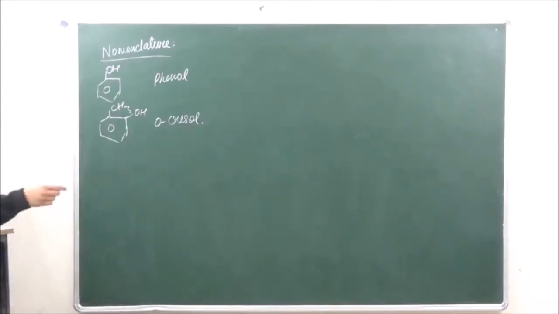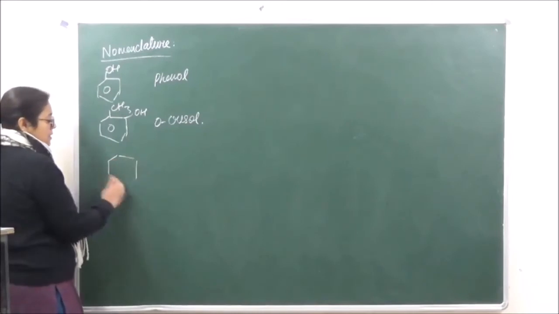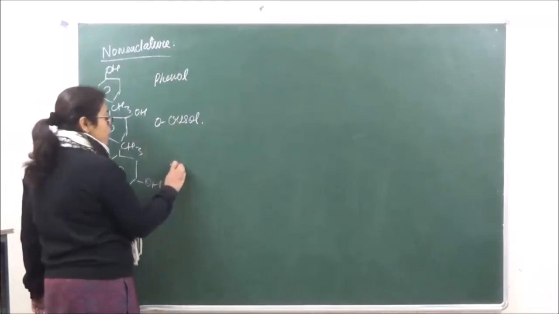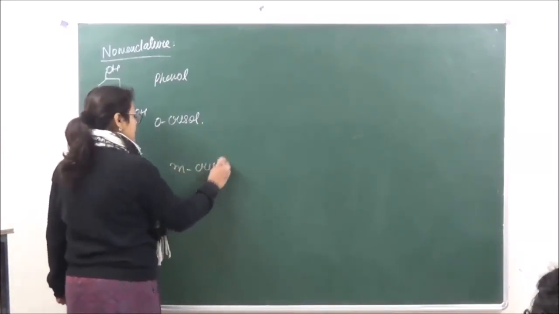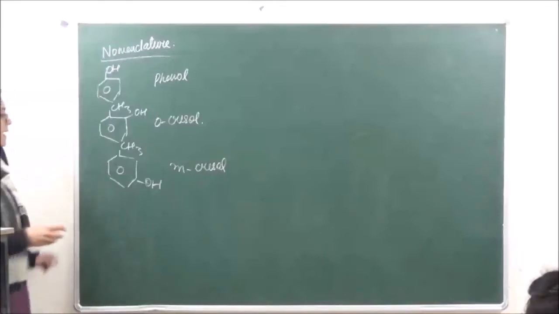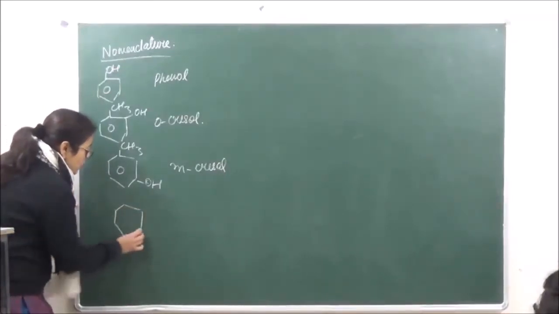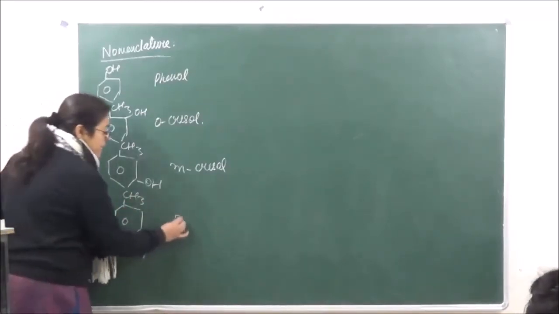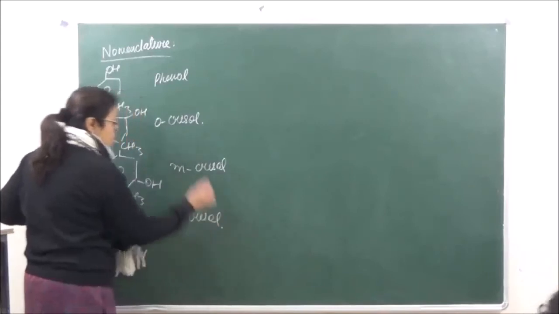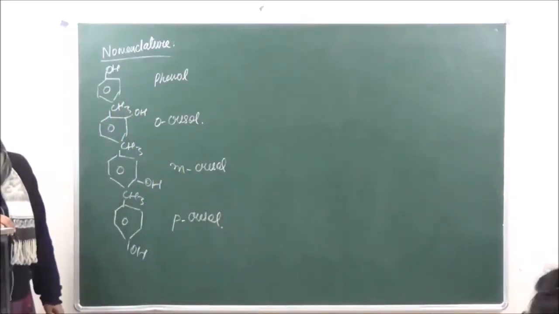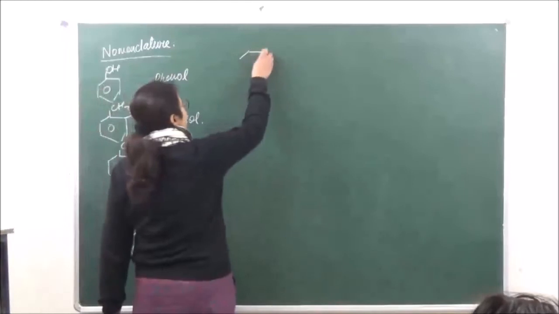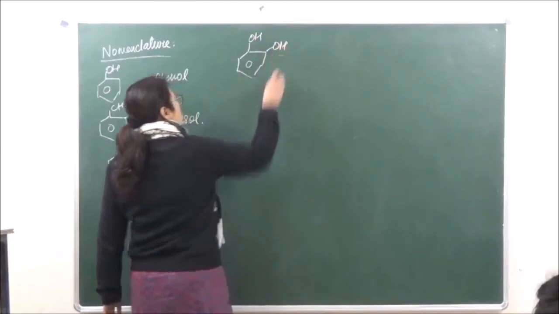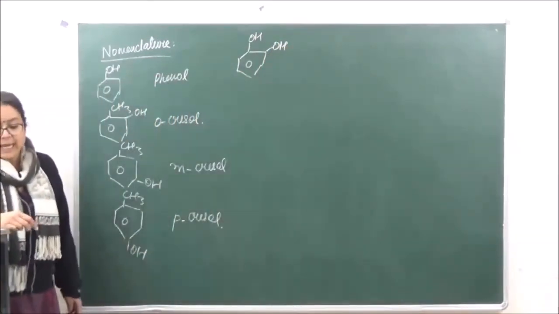In a similar manner, if the OH shifts to the meta position, this is going to be known as metacresol, right? And if it is shifting to the para position, then this is known as paracresol. Okay? Then after that, if there are two OH groups present, OH and OH, this is known as catechol.